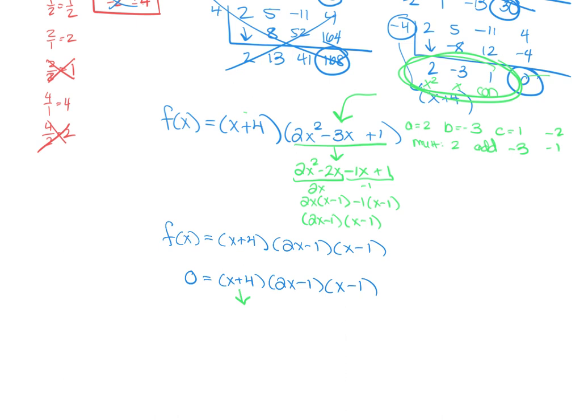So if x plus 4 equals 0, this would be a solution of x equals negative 4. For this one, we would add 1 to the other side and then divide by 2. So I would have x equals 1/2. And then for this one, it would be x equals 1. So there's our list of all of our possible roots, all of our possible solutions for this particular function.